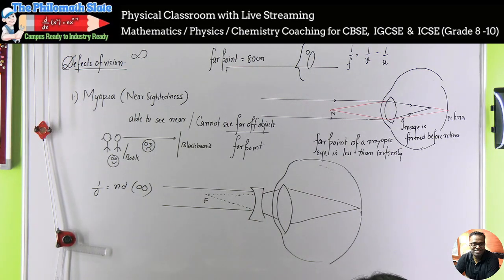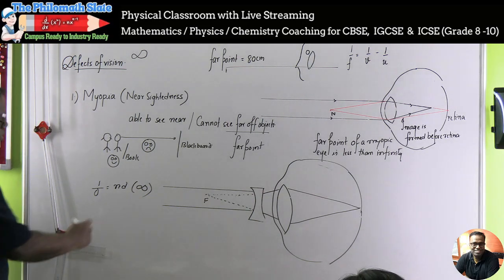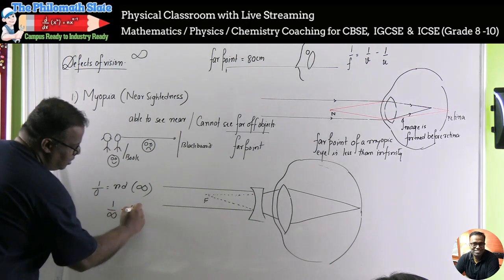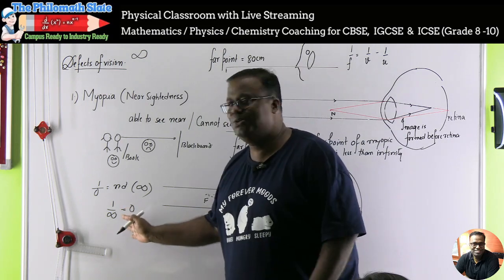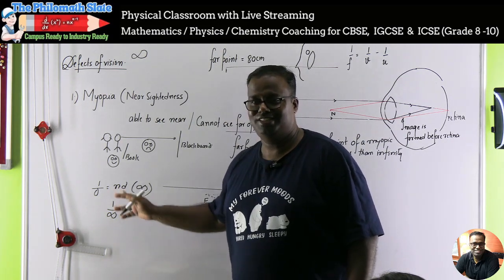Not defined means infinity. So what is 1 upon infinity? I was asking you this. You are also calling this not defined. This is not defined, okay.